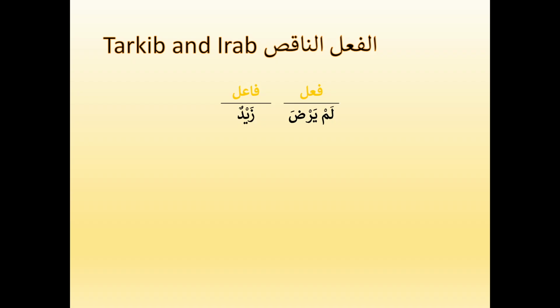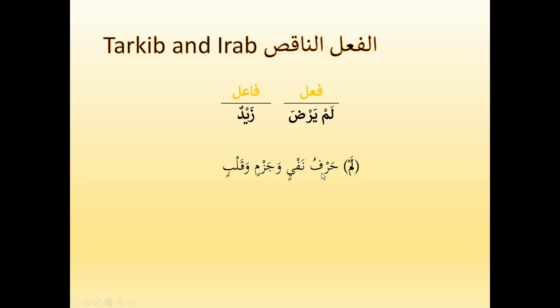Then Zaidun. فاعل مرفوع وعلامة رفعه الضمة ظاهرة. See, Sister Nada is saying it in full, but what I've done here, I've just put the simple Irab. مرفوع بضمة. Yes. That's enough.